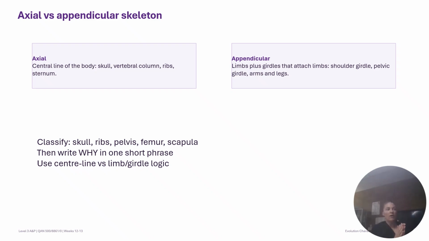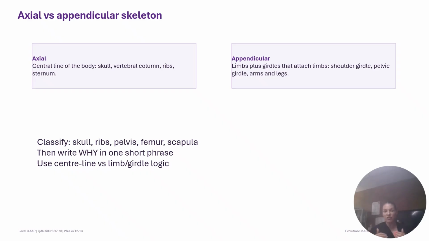I was told once, axial is the front, appendicular is the back, but it never helped me because your hip joints are at the front, and that is an appendicular joint, yeah? So it doesn't really help. Your hips are your pelvis, it doesn't really help.